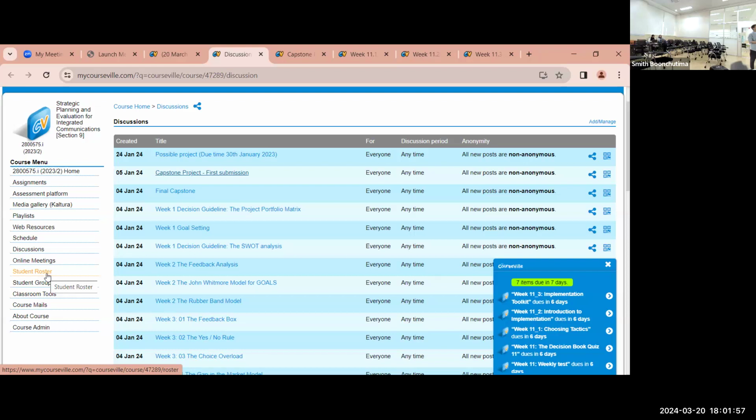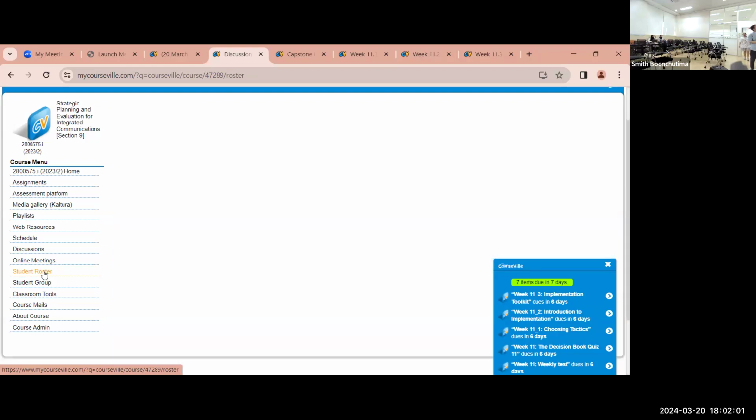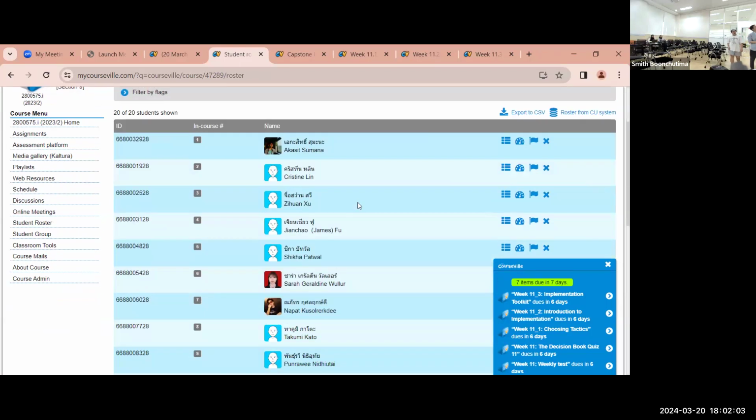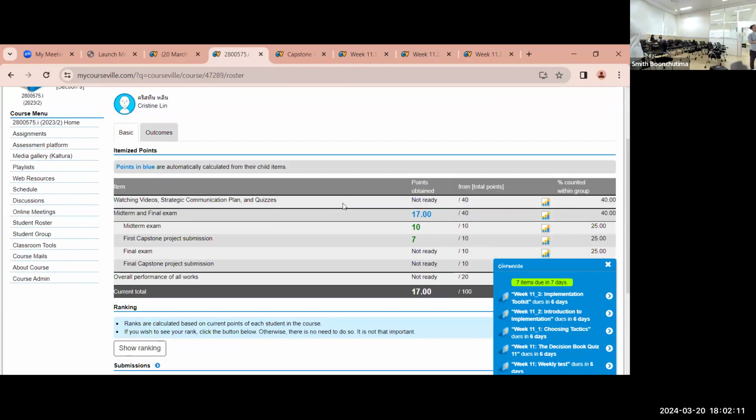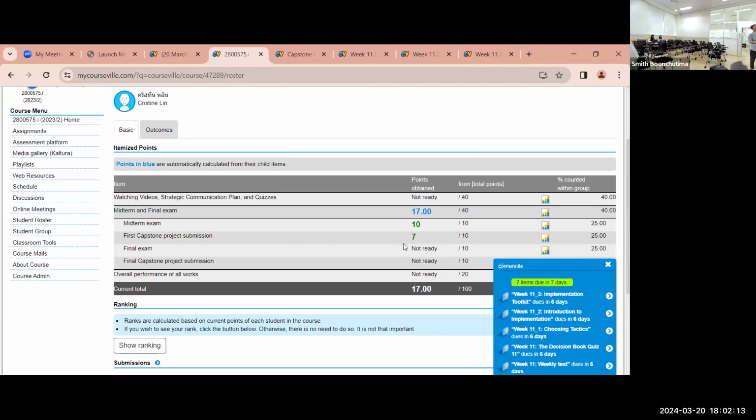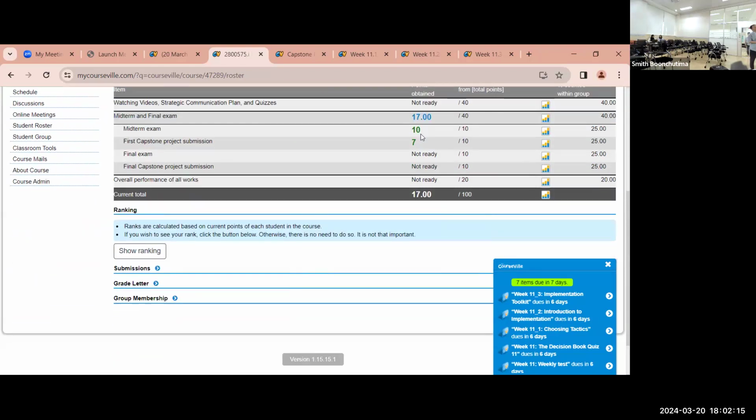Okay, you see portfolio, and when you click, the website will show the dashboard of you. The dashboard will show the score, the midterm exams.